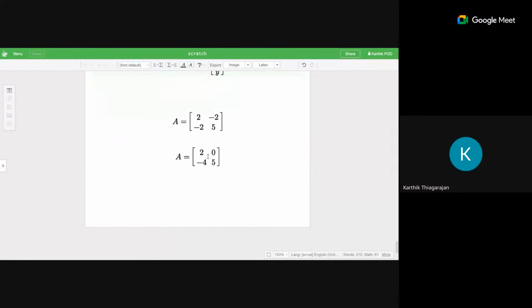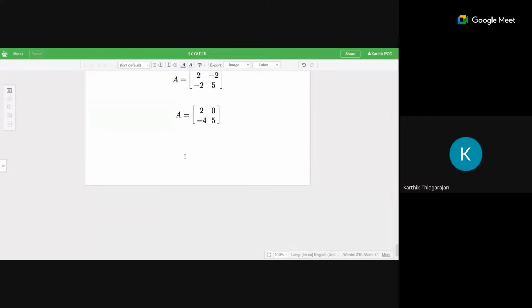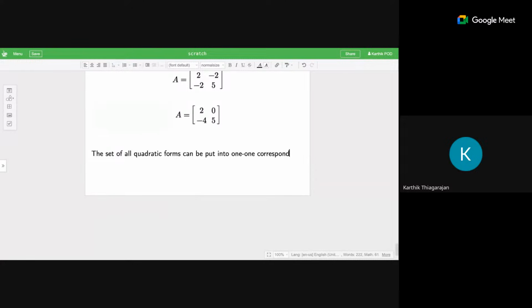Is that clear to everyone? Therefore you can say that the set of all quadratic forms can be put into one-to-one correspondence with the set of all what?